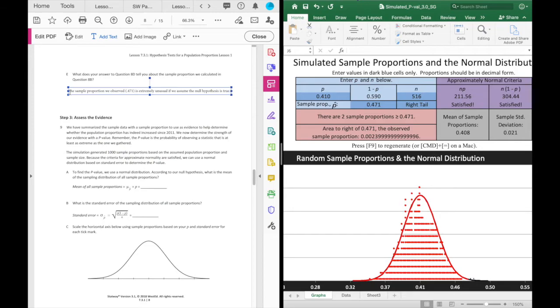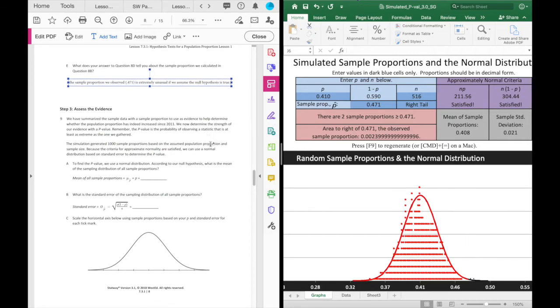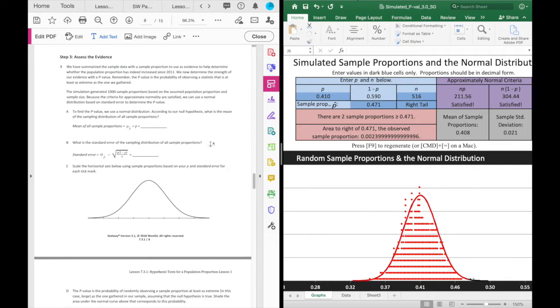Right? It's extremely unusual because there was only a couple of dots to the right of that. So in other words, getting something that high is weird. Okay? So hopefully that demonstration was clear, and we're going to keep going here on step 3.